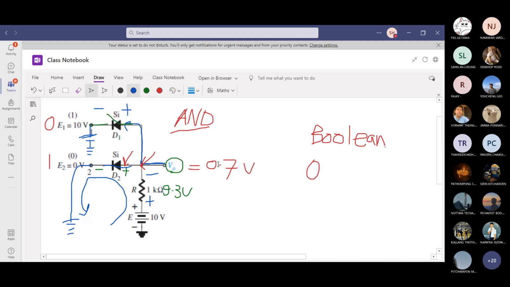Most transistors will not recognize high voltage if it does not pass 0.8 or 0.9 volt. So in Boolean logic, according to digital logic, it is a zero logic output. So this is an AND gate.